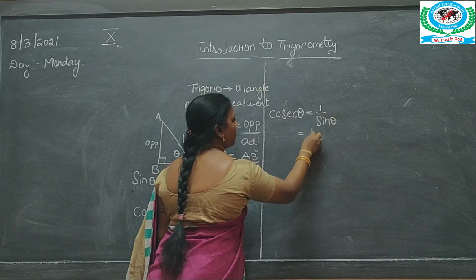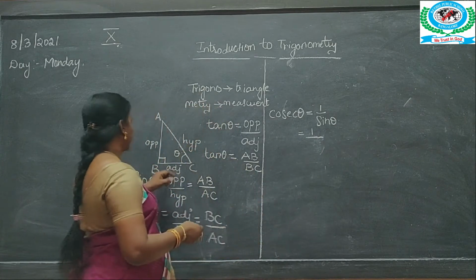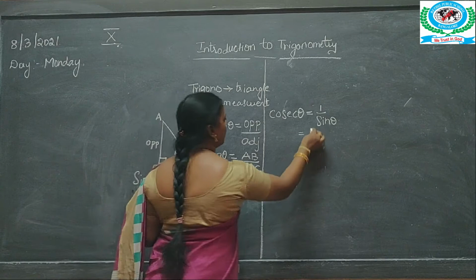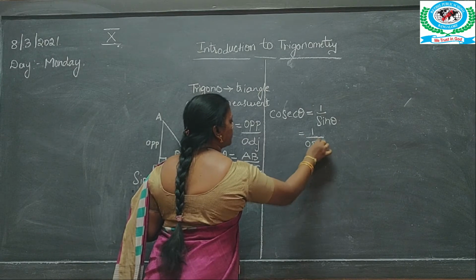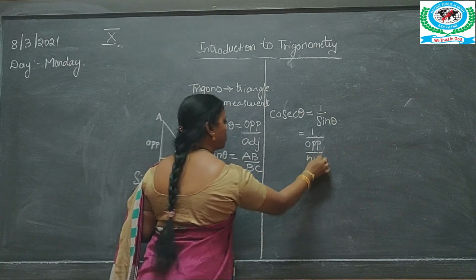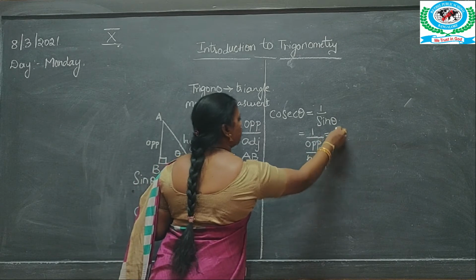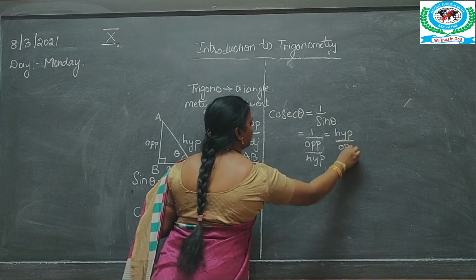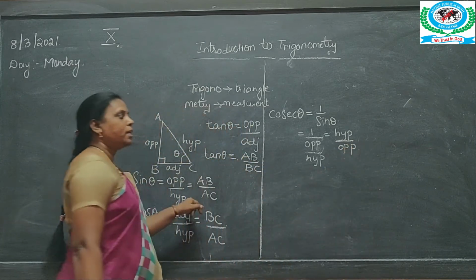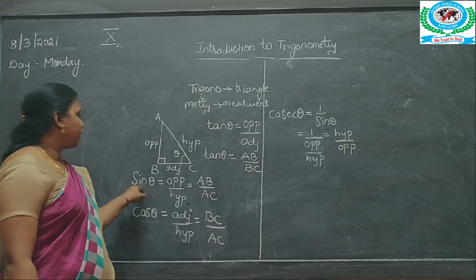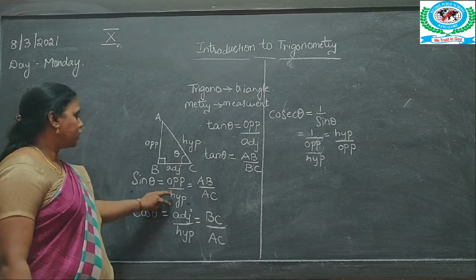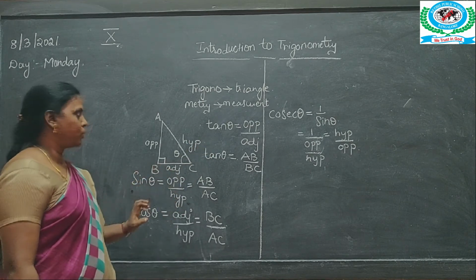Sine theta is opposite by hypotenuse, so this becomes 1 by opposite by hypotenuse, which is hypotenuse by opposite. See, sine of theta is opposite by hypotenuse, whereas cosecant of theta is hypotenuse by opposite.